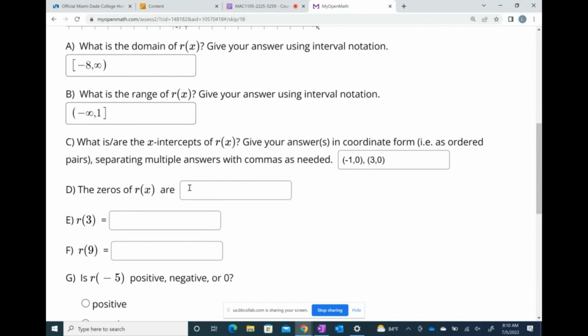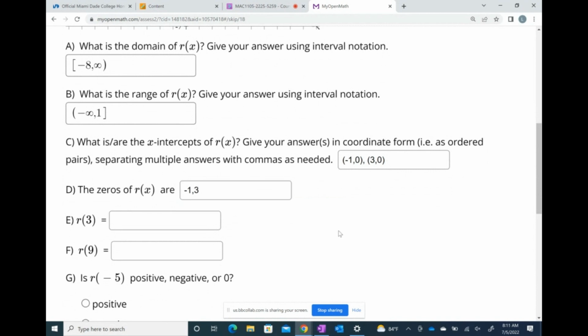And if we click here, it should tell you what it is expecting. So you see here, expecting a list of integers or decimal numbers. In other words, they don't want to see ordered pairs. Okay? So if you put here negative 1, 0, 3, 0, you're going to get it wrong. That's to put negative 1 or 3. Okay? In this case, there are two x-intercepts, so that's negative 1 and 3. Do you understand this?